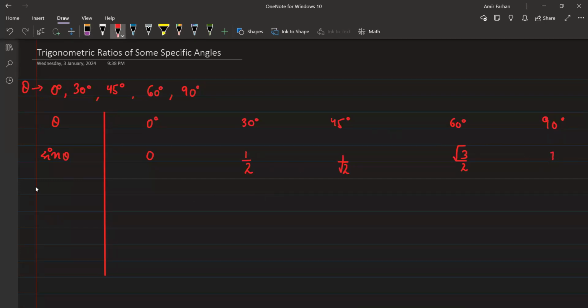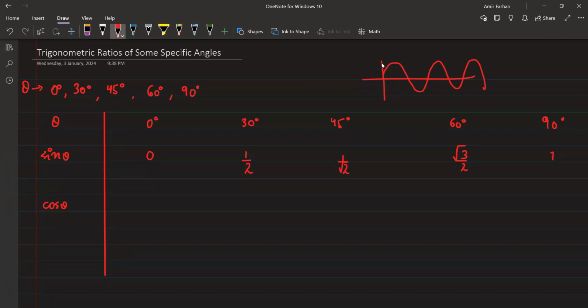Okay, let's take cos theta. Cos theta is the reverse of sin theta. If you see the graph of sin theta, it is a wavy graph. You have seen this graph in the sound chapter, in 9th class.